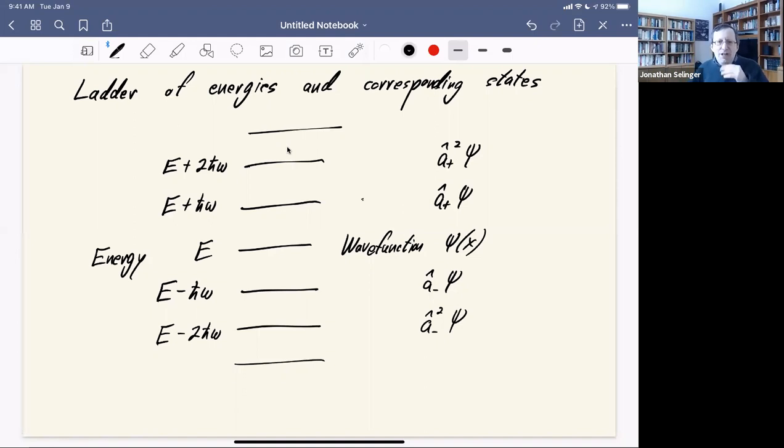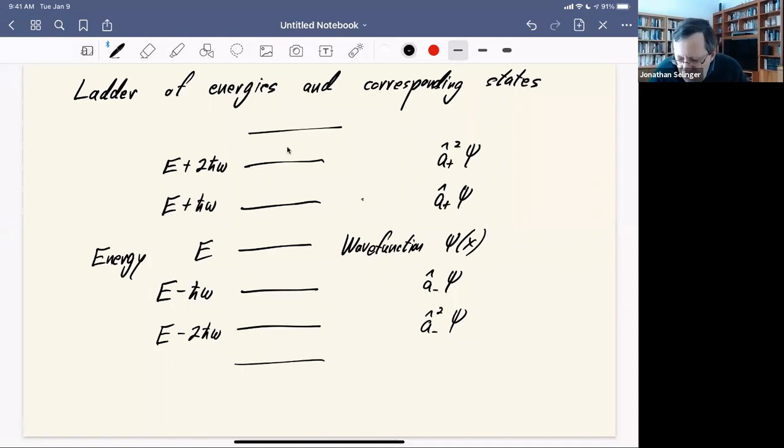You had a state with energy 1 times something, or 4 times something, or 9 times something, 16 times something. So the spaces between the energies keep getting bigger. But here it's different. Here the energies are equally spaced. That's a difference between the particle in a box and the harmonic oscillator.